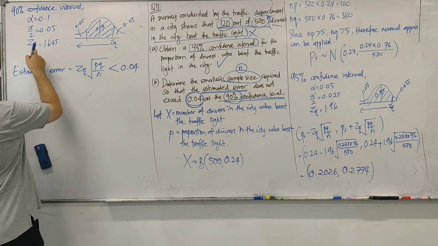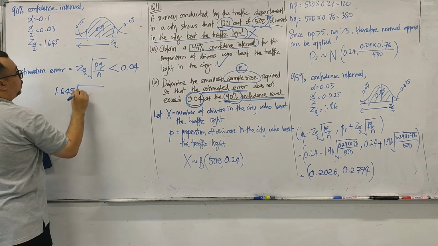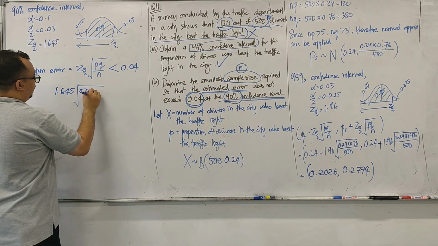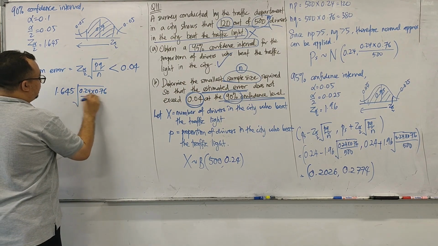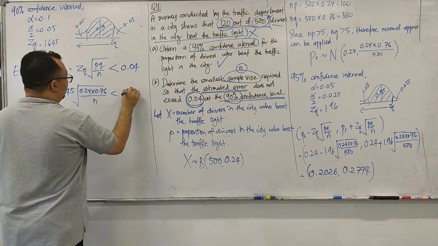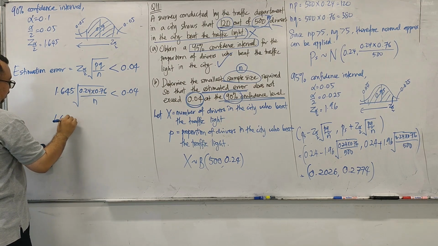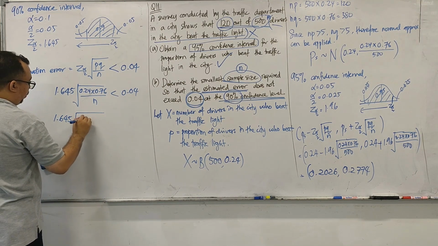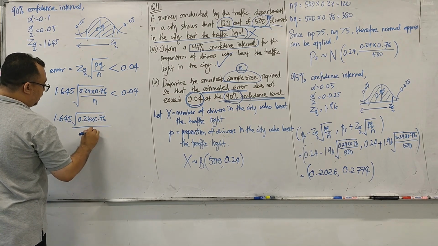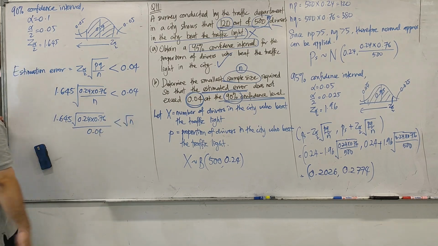So z alpha over 2 saya ada 1.645. Square root P saya adalah 0.24 times 0.76 divided by n, because I want to calculate my n. Okay, and then I cross multiply: 1.645 square root 0.24 times 0.76, I divide by 0.04. This one square root of n.